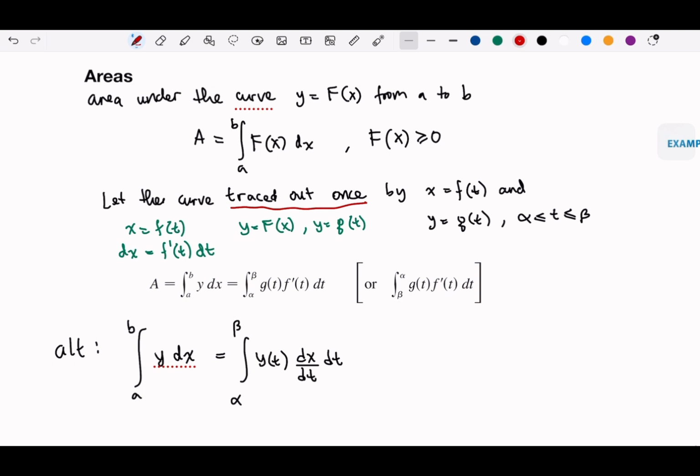If we have a loop like that, it doesn't work for area, because if we have traced out more than once, you will have difficulty defining your area itself.